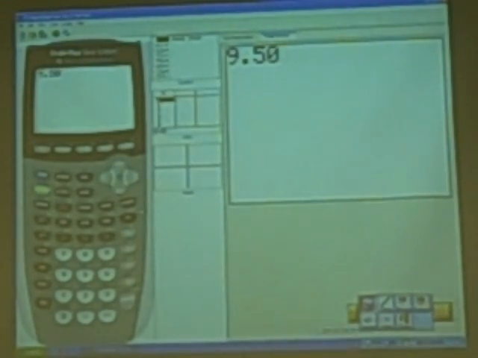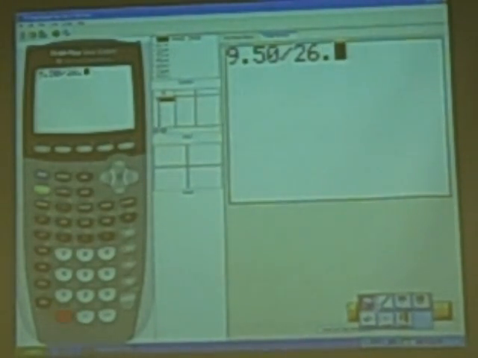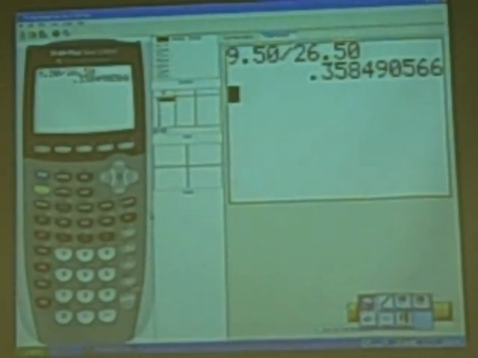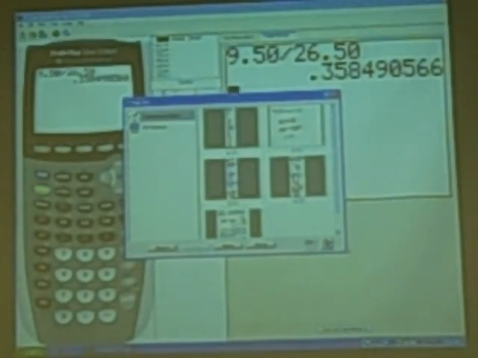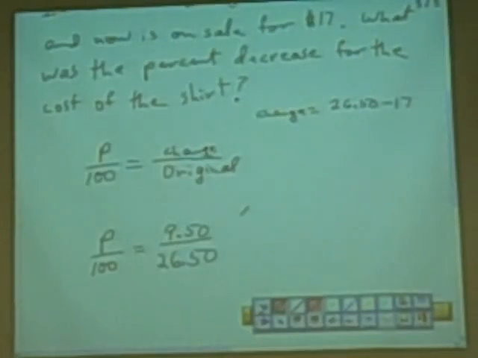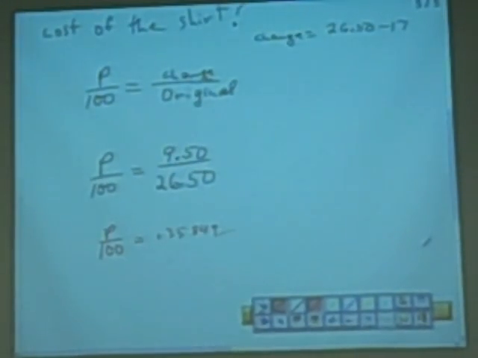And if you want to put the 0 after that, that's fine. We get 0.35849, and it goes on. It's a rational number.